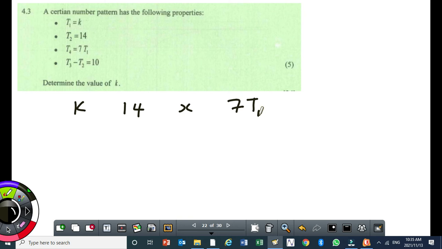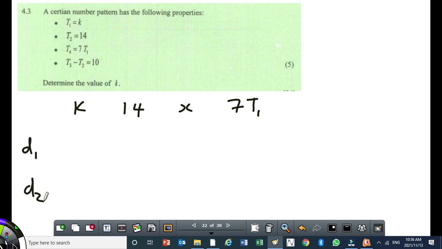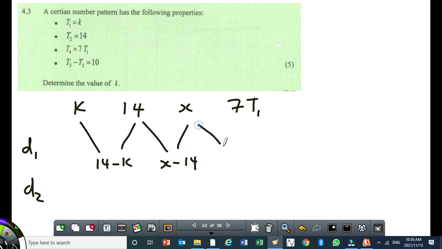So that's what we got, right? If it's linear, it means the first differences will be constant, but we don't know. Okay? So if I got D1, let's say D2, if I would calculate that, it will be 14 minus K. That one will be X minus 14. And this one will be 71 minus X. Right?